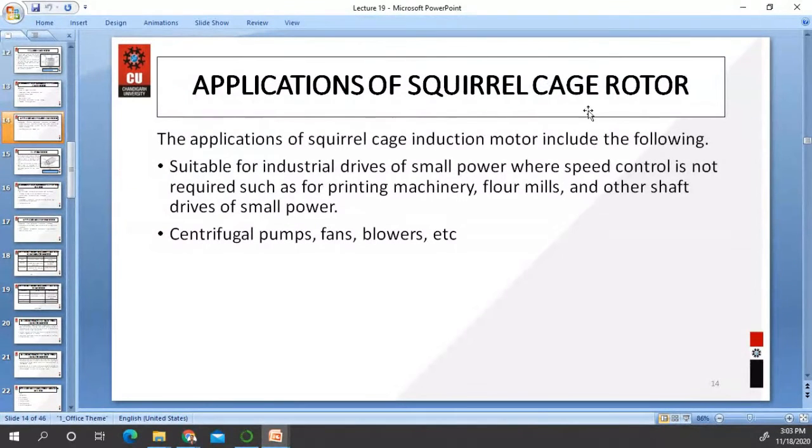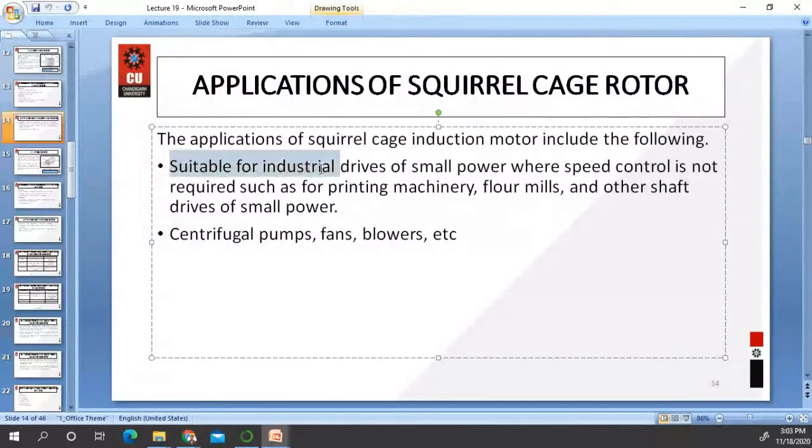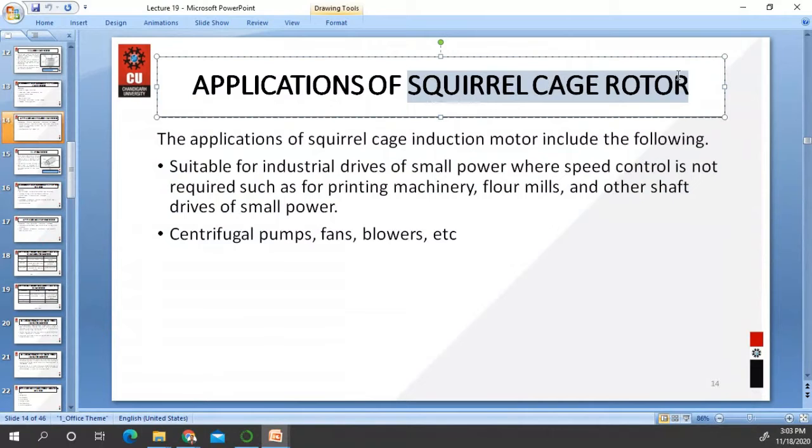Applications where we can use the squirrel cage rotor: it is suitable for industrial drives for small power where speed control is not required, such as printing machinery, flour mills, and other shaft drives. When we look at the construction of this rotor, there is no slip ring and no brushes.